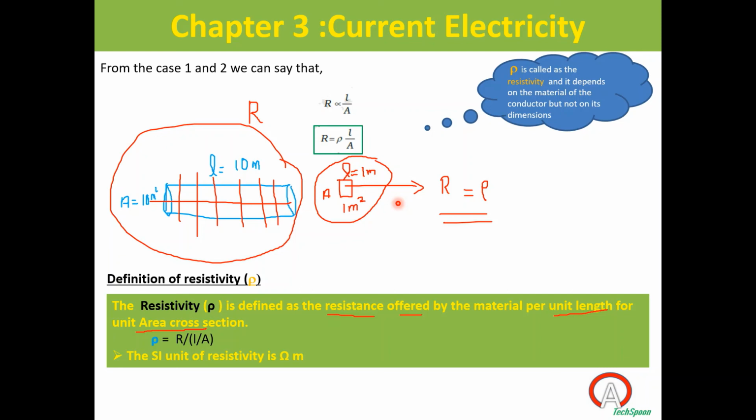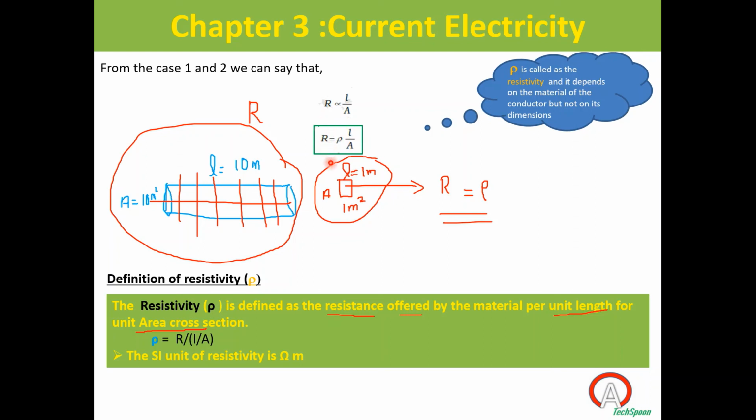Resistivity rho is defined as the resistance offered by the material of unit length and unit area of cross section. So the equation for resistivity rho is R A by L.